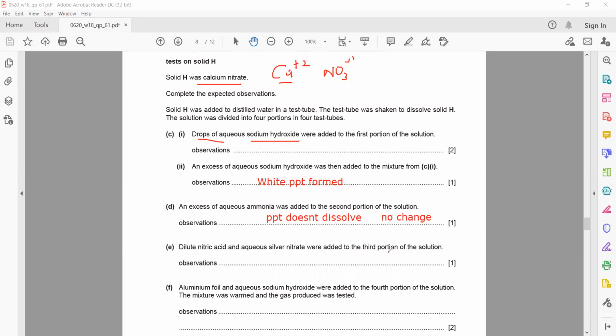What will be the observation when we add nitric acid?